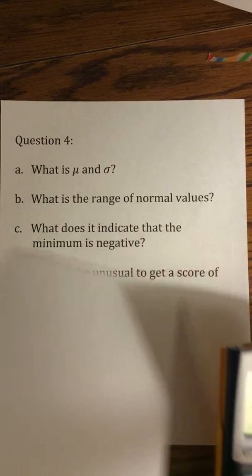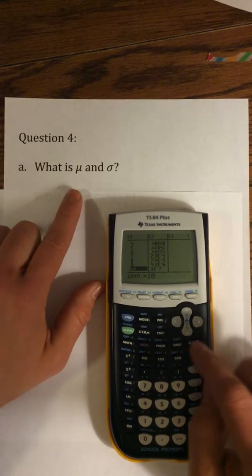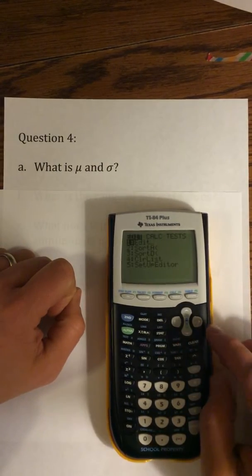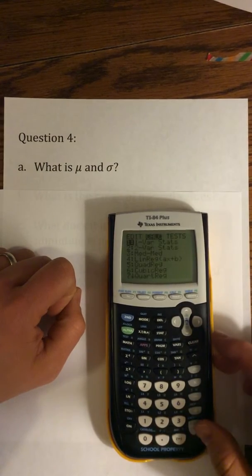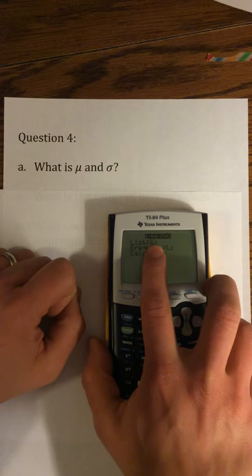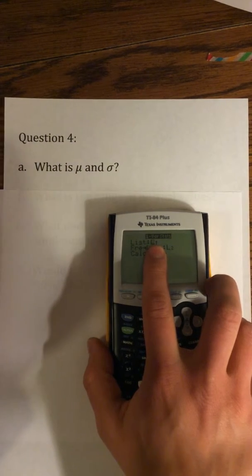If I want to find the mean and the standard deviation, then I can go to stat, calculate, 1 variable statistics, list 1. Those are the different things that I've got: 0 correct, 1 correct, 2 correct, 3 correct, 4 correct, up to 10.